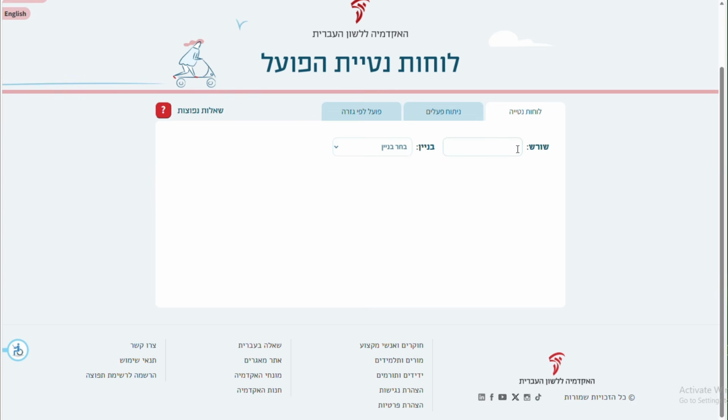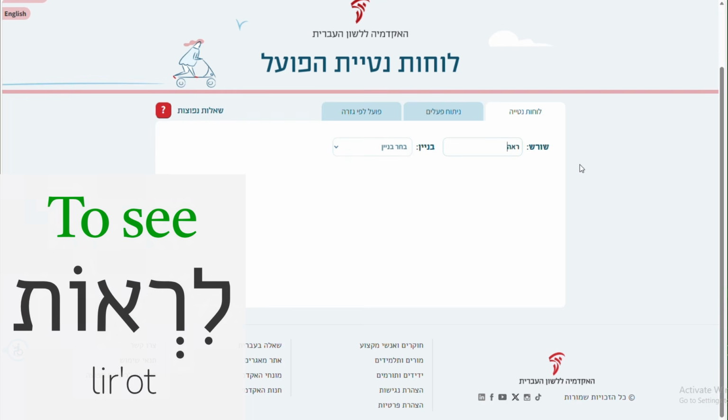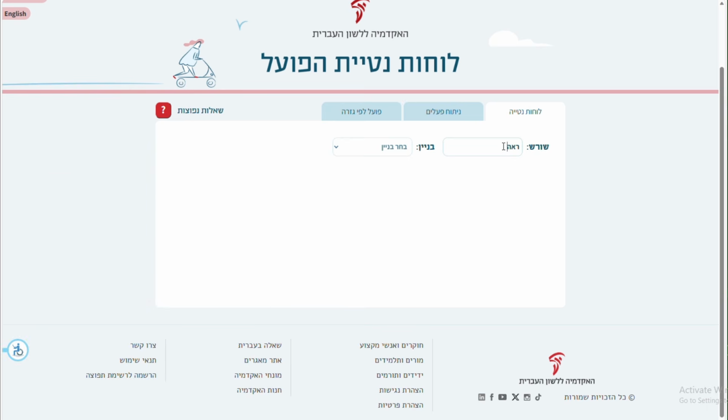Let's try resh aleph hey in the kal. That makes the verb lir'ot, to see. When we type in the root resh aleph hey, we're not given any options, and this is why. When a root ends with a silent hey, a lot of people consider that root to actually end with a yod, including this website.